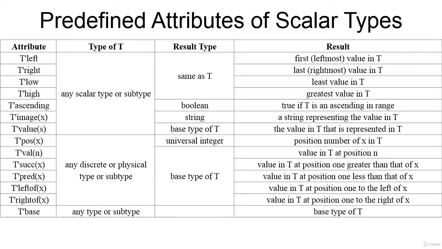For example, T'left on any scalar type returns the same type as T, and it returns the leftmost value in T. There are also attributes for left, right, high, low, ascending, value, different things you can do, and the table here is provided for your reference.